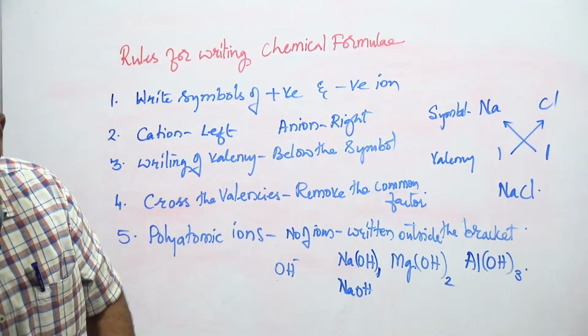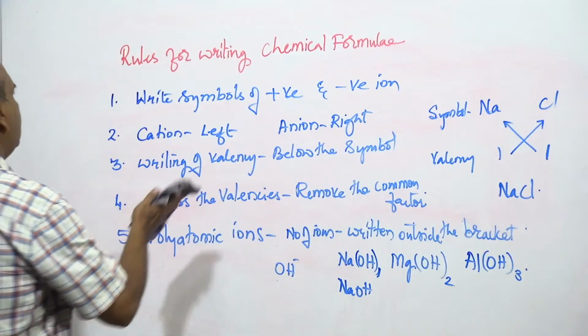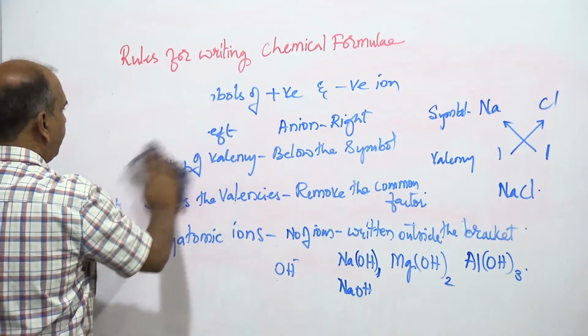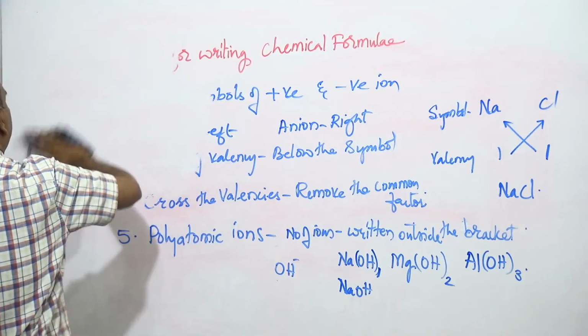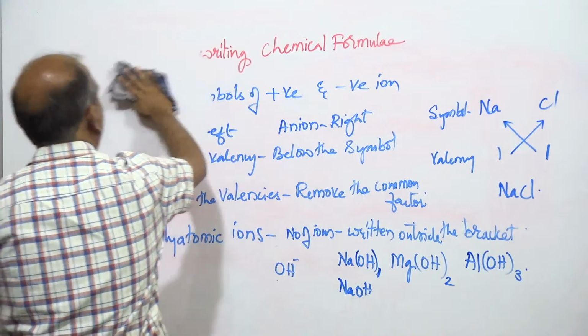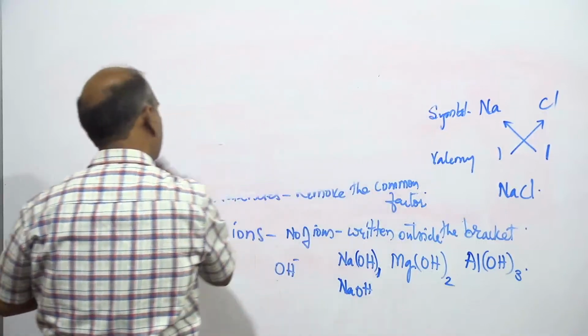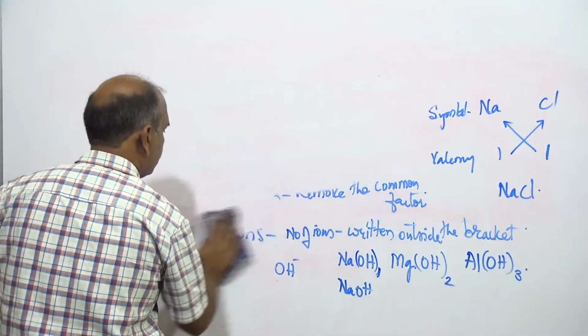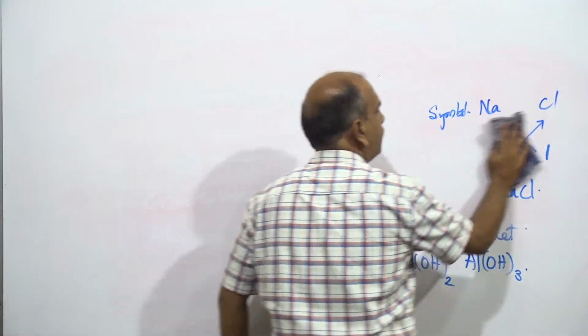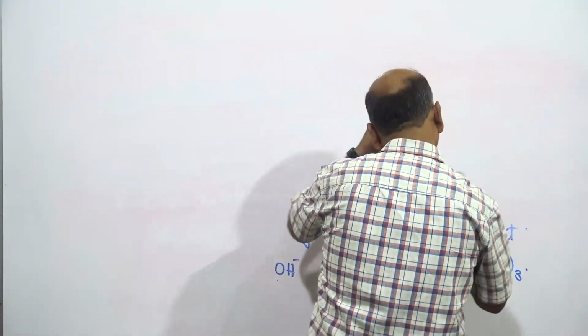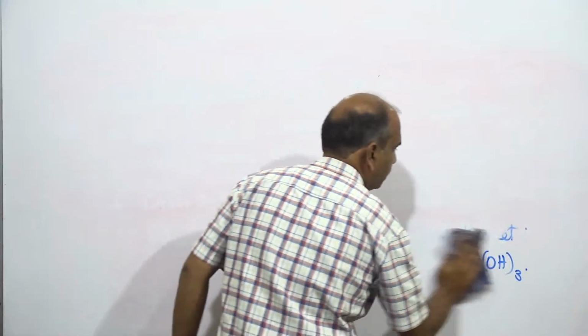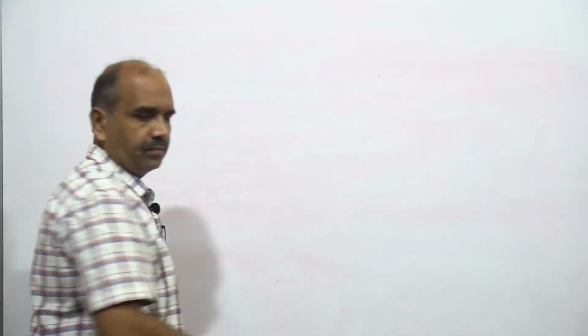Now let us take up 1 or 2 examples of these. What are the valencies? Let's take up a few of the examples.